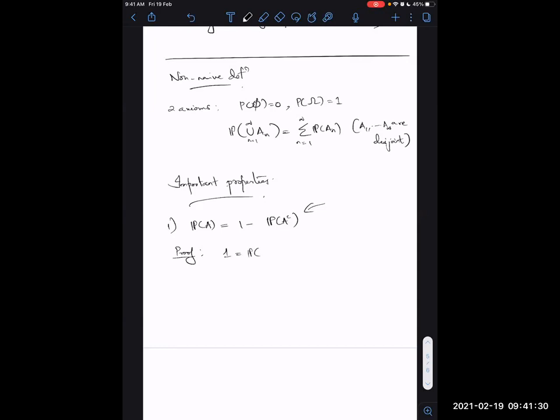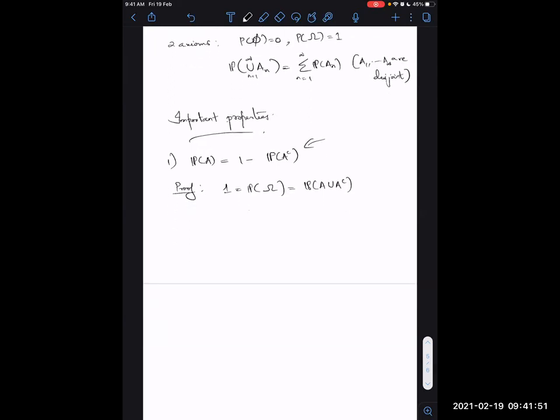By axiom 1, the probability of omega is 1. And if you take any event A, the event A union A complement is the same as the sample space, because everything in A together with everything outside of A makes up the sample space. Note that A and A complement are disjoint events. They have no intersection.